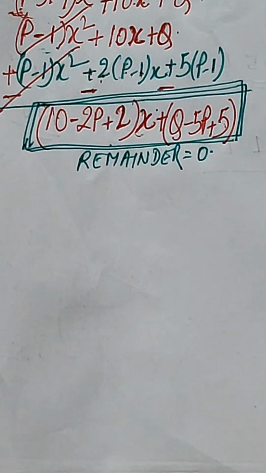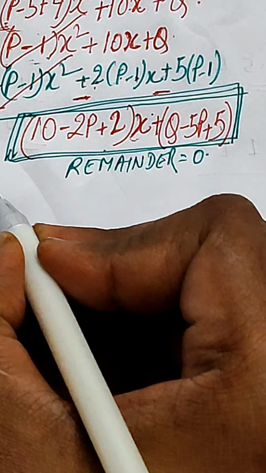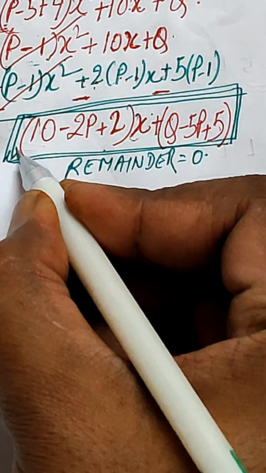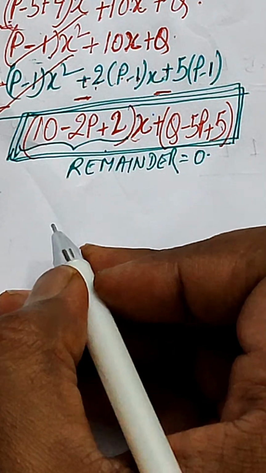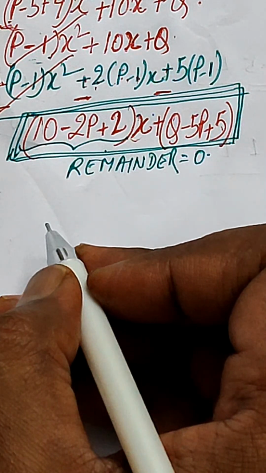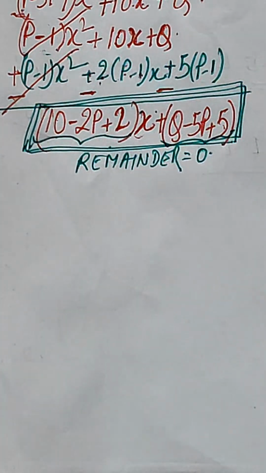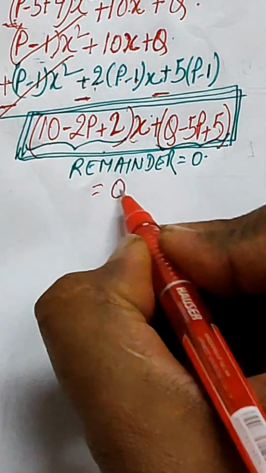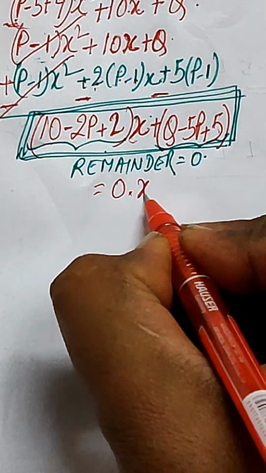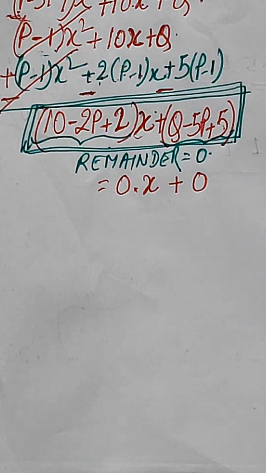So when you equate it to 0, that means the coefficient of x will be equal to 0, and the constant is also equal to 0, because we can write the above remainder as 0 times x plus 0, right?